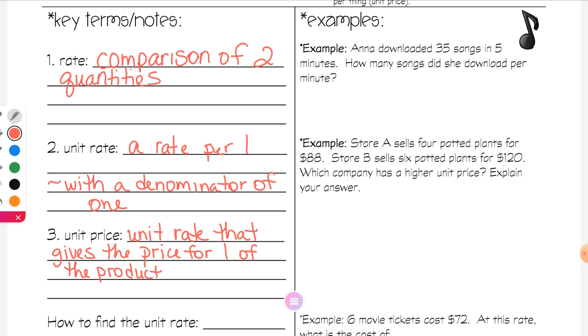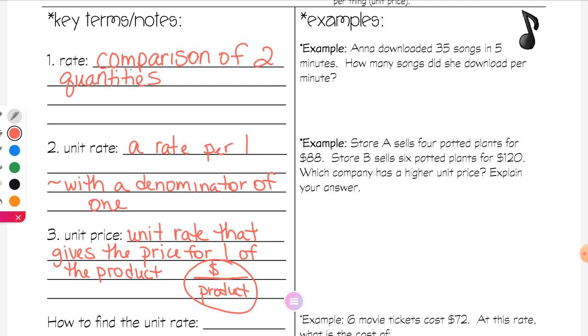What do I mean by 1 of the product? Yeah, 1 of whatever you're buying. The price for 1 soda, 1 Starburst, 1 roll of toilet paper, 1 book. Next to unit price, we're going to write dollars over product. And then kind of circle that. Anytime we're talking about unit price, you always do price over product.